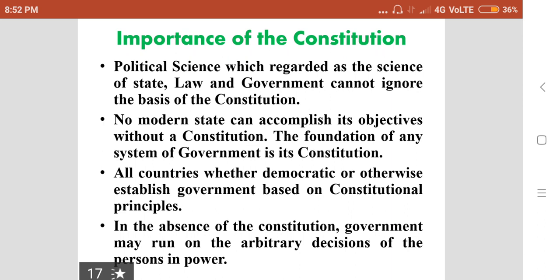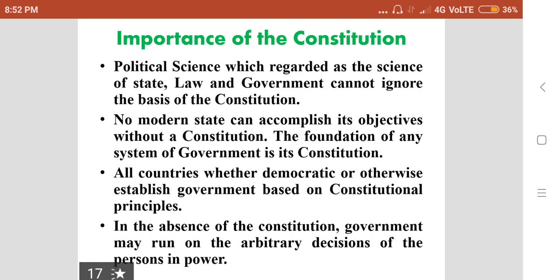Importance of the Constitution. Political science, which is regarded as the science of state, law, and government, cannot ignore the basis of the Constitution. As I said earlier, the Constitution is very essential for the state and for the government.